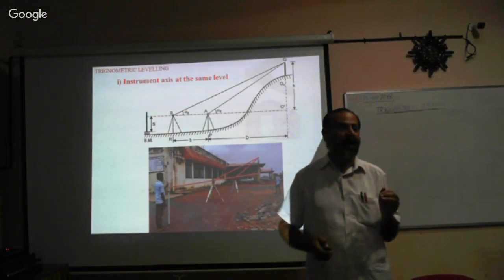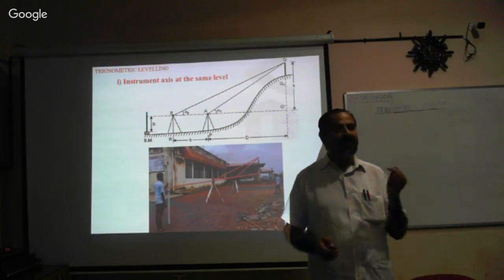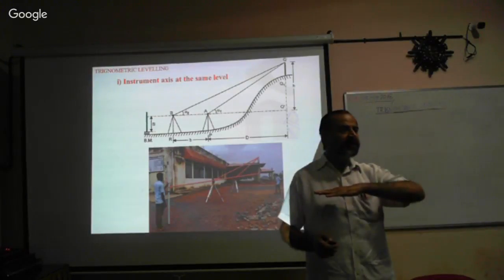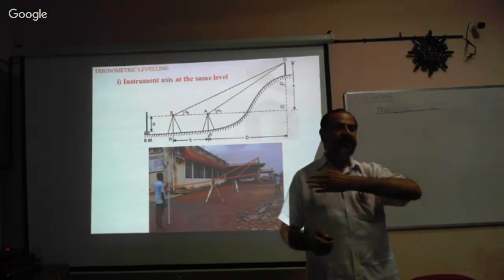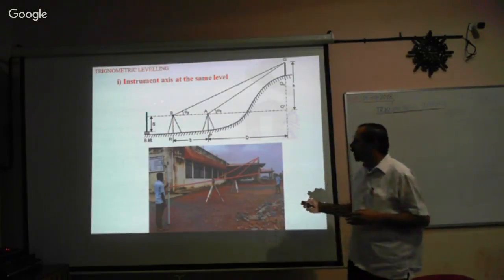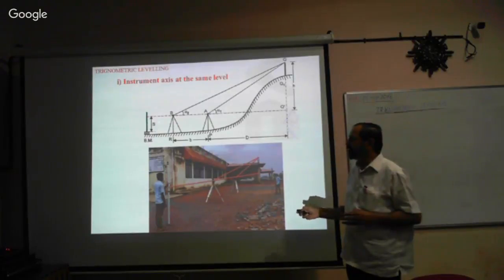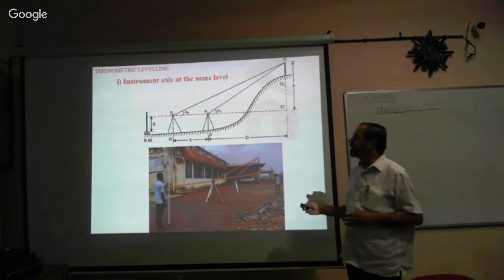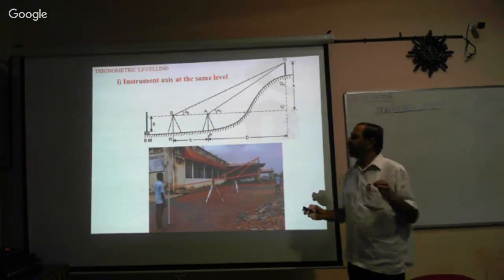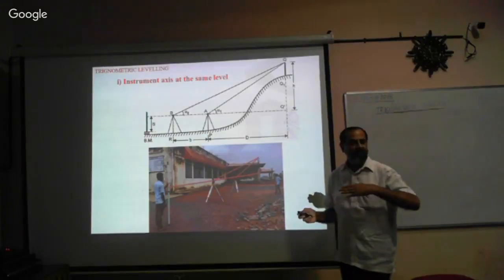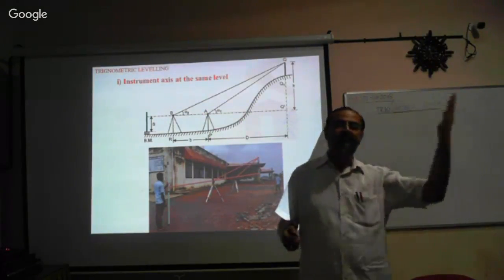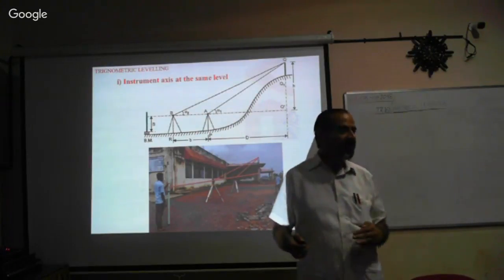In both cases, the instrument axes should be in one line, so with respect to the staff reading, we must make the second instrument station's line of sight coincide with the line of sight of the first station, isn't it?